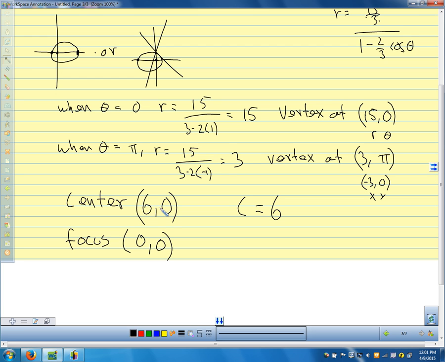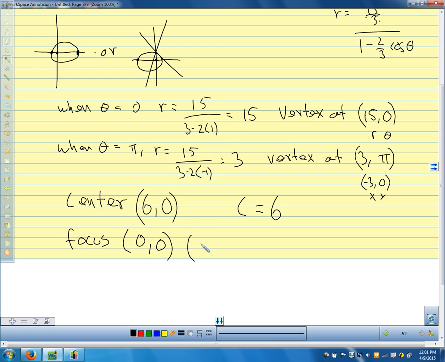This is polar, 6, 0. So 6 units over at the angle of 0. On the positive x-axis at least, they're kind of the same. So c equals 6. Just like we did with rectangular coordinates, c is still the distance from the center to the focus, because the center is at 6, 0 and one focus is at 0, 0. So where is the other focus?